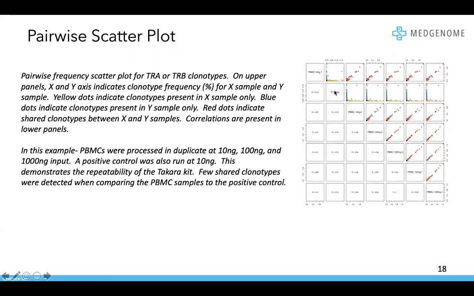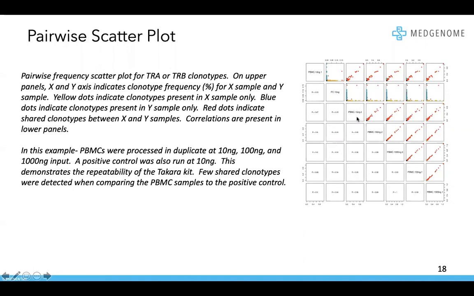This is that same project I showed on the previous slide, where 6 libraries were made from PBMCs in replicates with different input amounts. Then it's compared to a positive control, which is also a PBMC sample, but from a completely different source. And you can see, as you'd expect, when you compare these PBMC samples to other replicates, most of the clonotypes are shared.